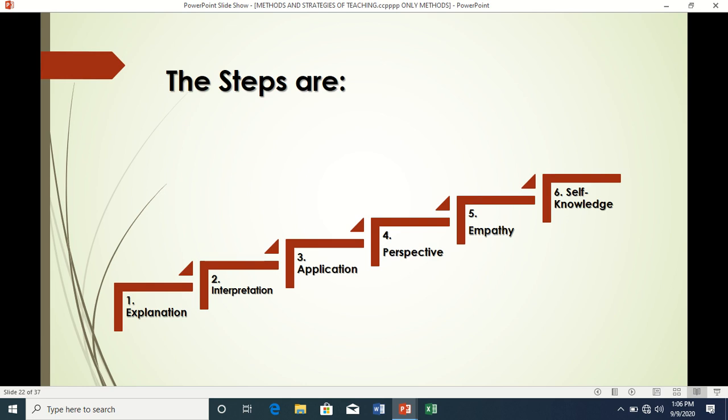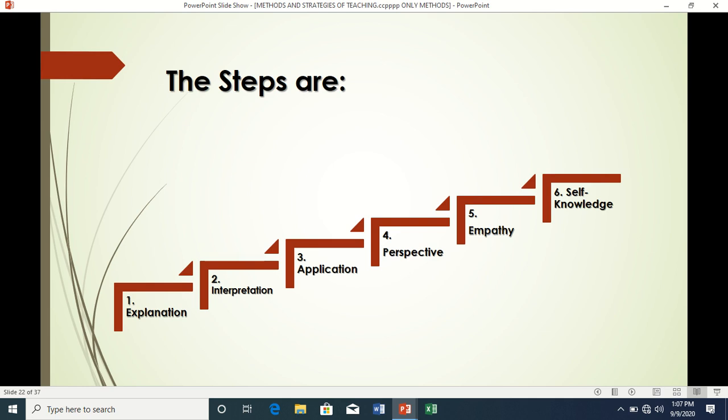That when the child has been able to understand something by explaining it, by interpreting it, by making an application and putting that into perspective, that individual is able to empathize because he can put himself or herself in the situation of another person who also got into the same situation some time ago.